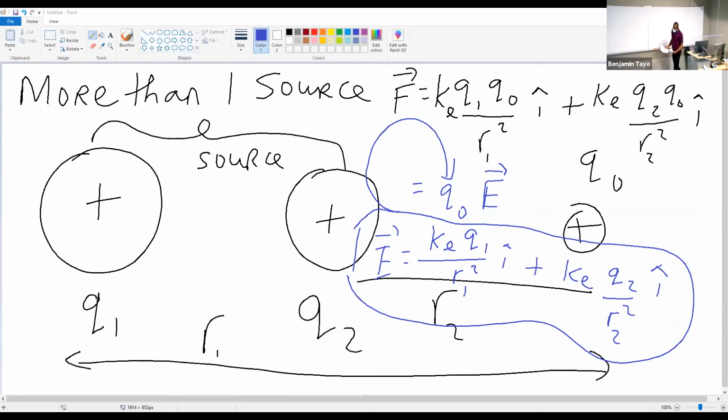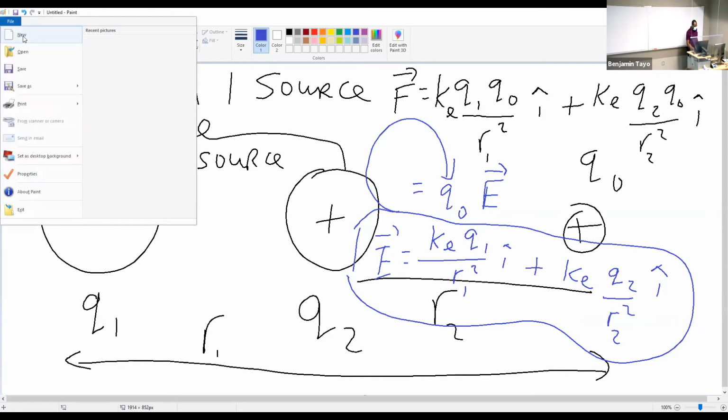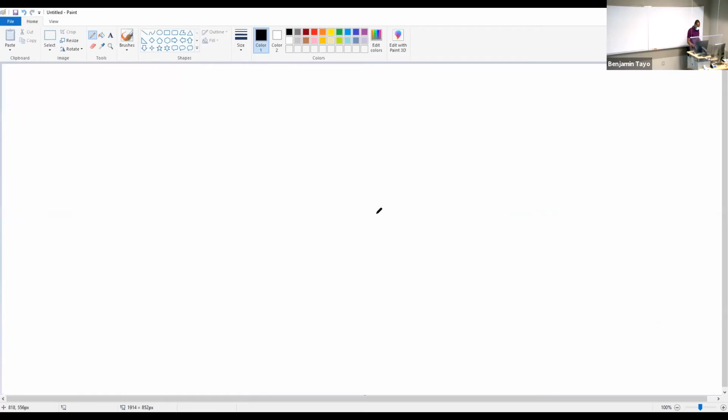Now let me go ahead and solve a few examples. In this example, let's assume that we have a positive charge here.